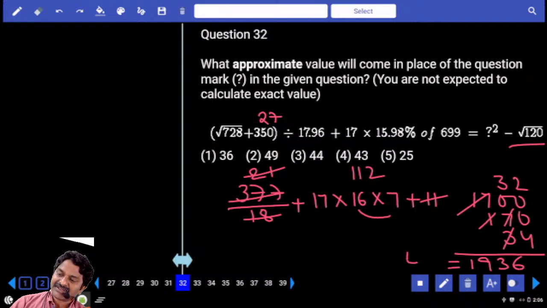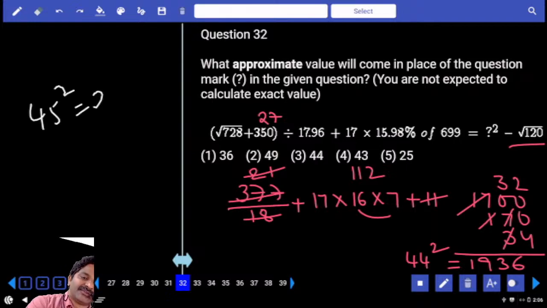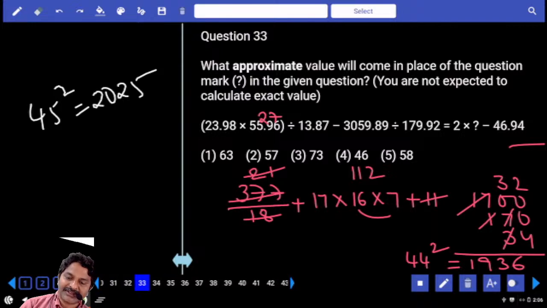Which square is this? 44 square. If you don't know that, 40 square is 1600 and it is much more than that. Let's identify 45 square, which is 2025. And our number is very close to that number. Right, next 33.